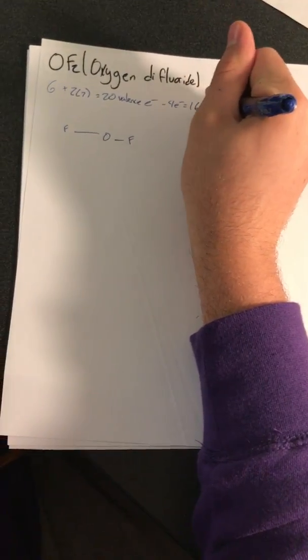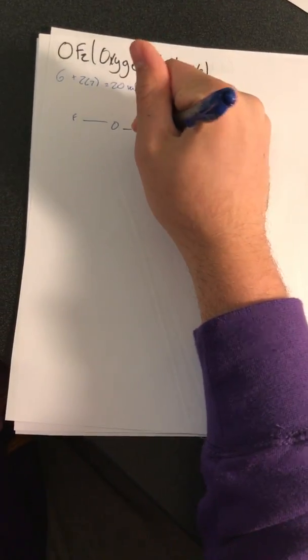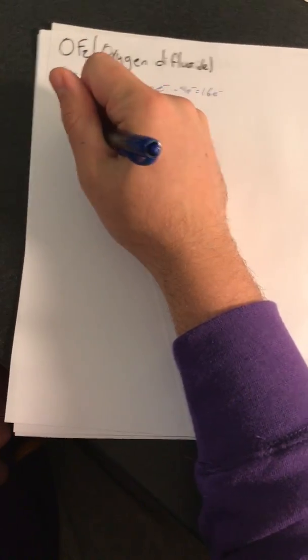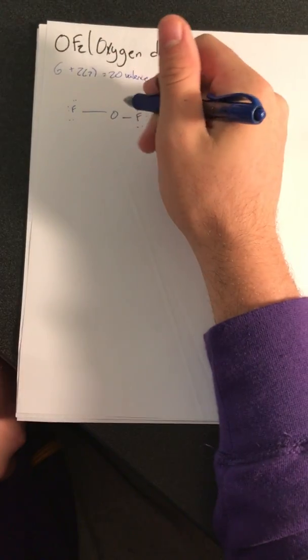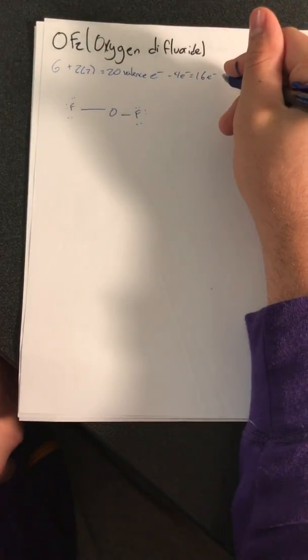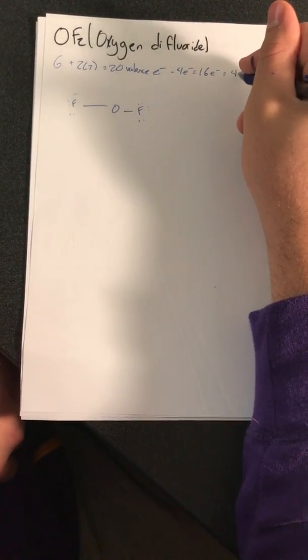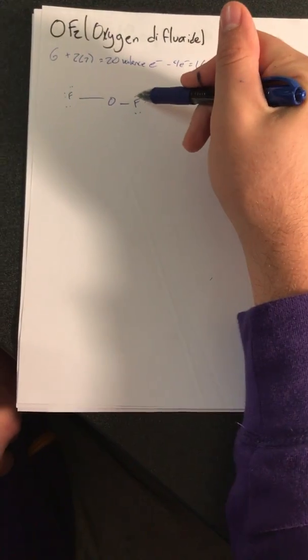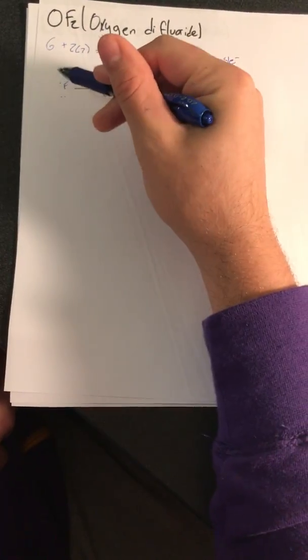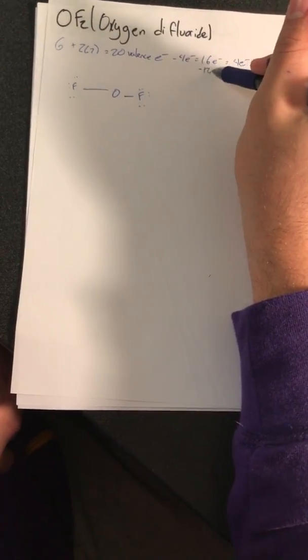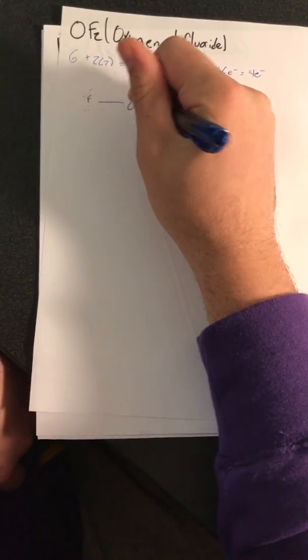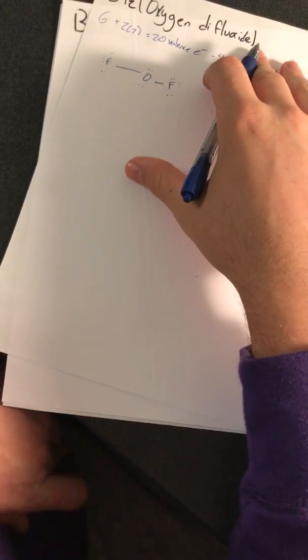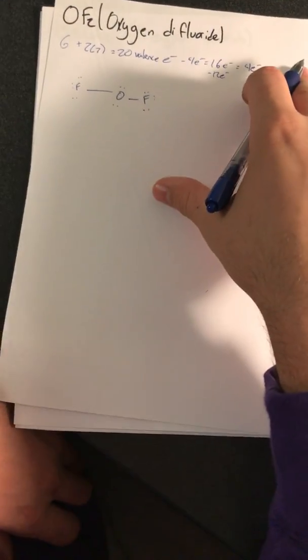We have 16 left over. So let's go fill the octets of the fluorines. And then we still have 4 valence electrons left over because we only used 2, 4, 6, 8, 10, 12 from this 16. And we use those 4 to then fill out the valence electrons for oxygen.